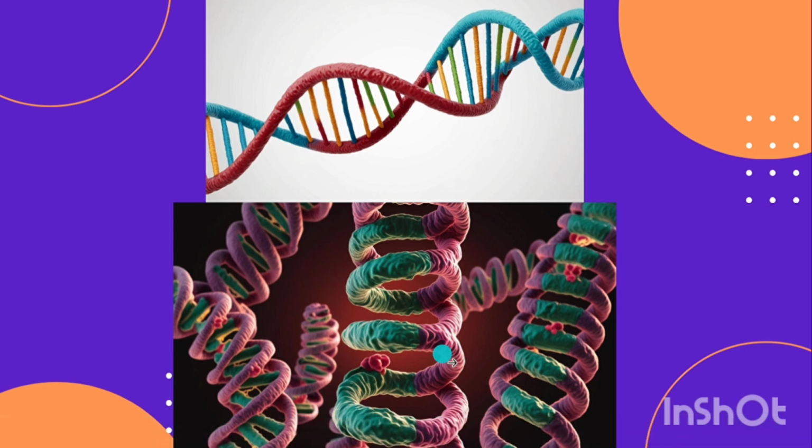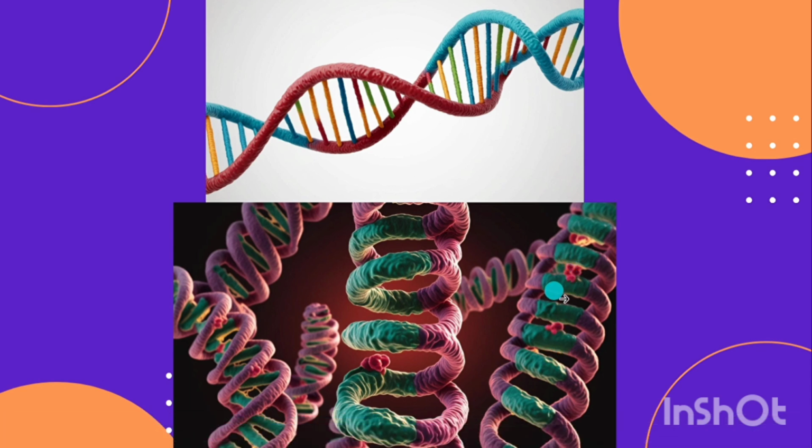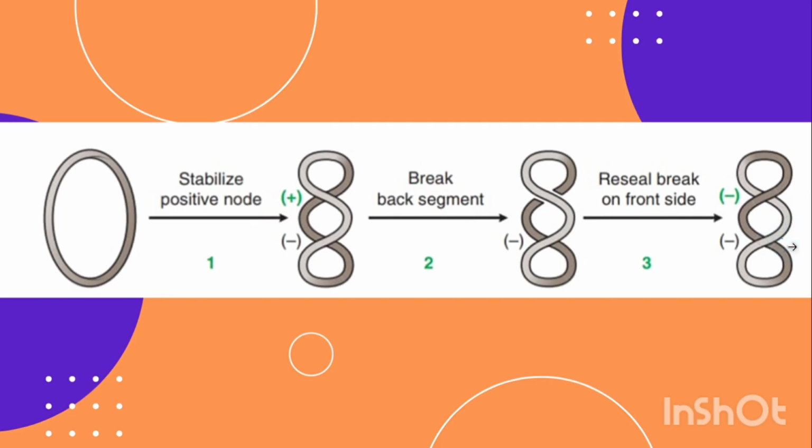This supercoiled form creates a mechanical pressure over the DNA and causes a breakdown of the DNA. So in order to avoid this and favor the replication process, the bacterial DNA gyrase enzyme helps the bacteria to overcome the positive supercoiling and change into a negative supercoiling form.